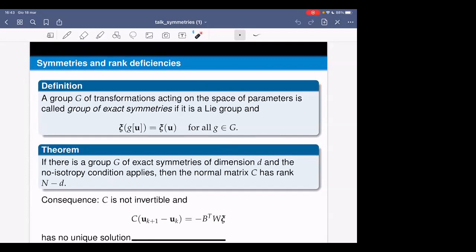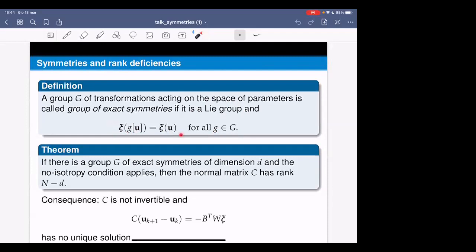We say that we have a group of exact symmetries if we can find a group G of transformations which acts on the space of the parameters, if this group is a Lie group, and if for all elements in the group, the residuals computed at the transformed vector of parameters do not change from the residuals computed at the original parameters.